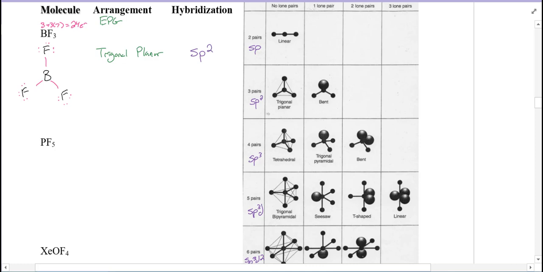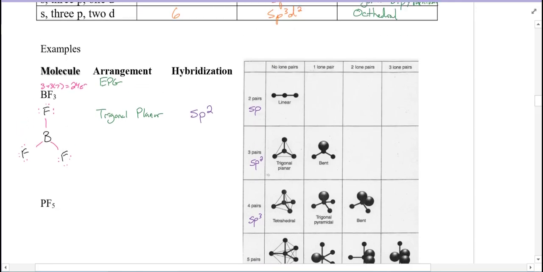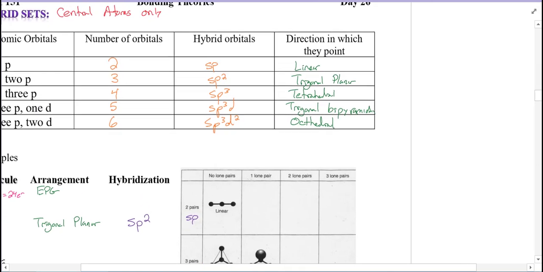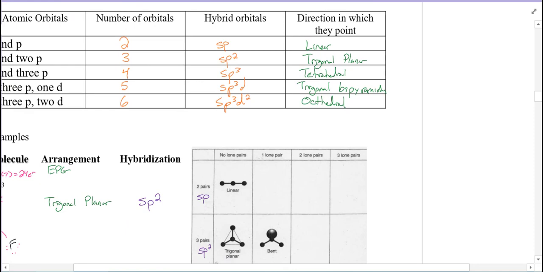Now, it's very important to notice, and I haven't said this yet, that when I have sp2, I have 3 of the 4 orbitals hybridized. So if I scroll back up for a second, what orbitals do I have? I have an s, a px, a py, and a pz. How many do I need? If I need 2 orbitals, that's just those 2.